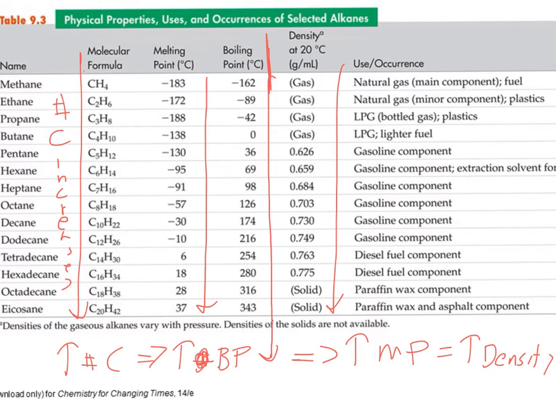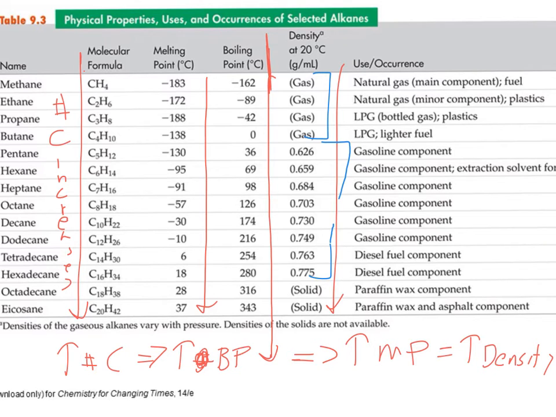Not only that, but as we increase the number of carbons, we go from being in the gas phase for methane through butane to being liquids for pentane through tetradecane, and even up to 16 carbons.